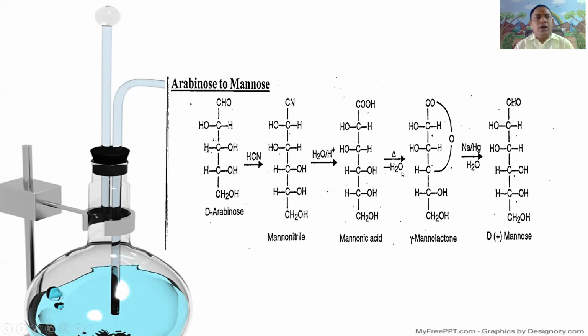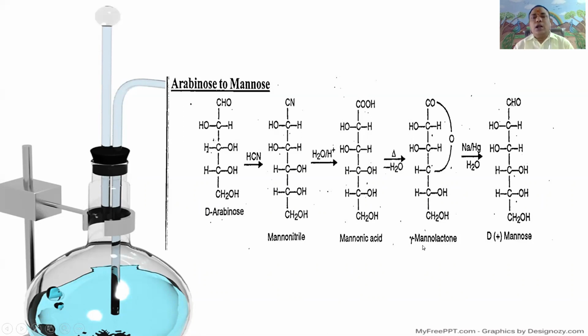Upon heating, again it undergoes dehydration with the gamma carbon, then it gives the stable gamma lactone, CO, CHOH, CHOH, CH, then the gamma carbon or fourth carbon is linked to the first carbonyl carbon, then CHOH, CH2OH.